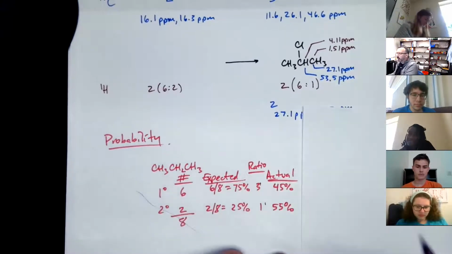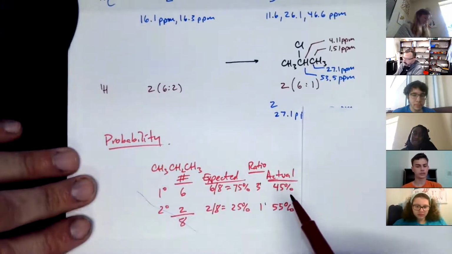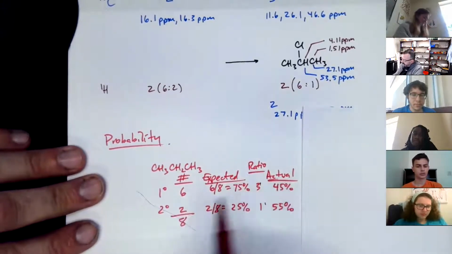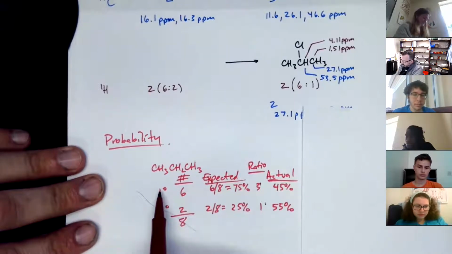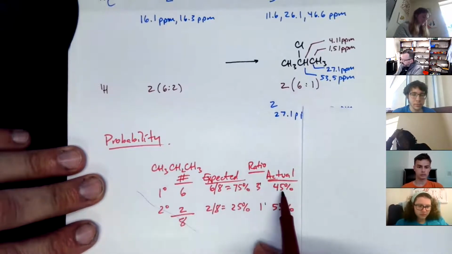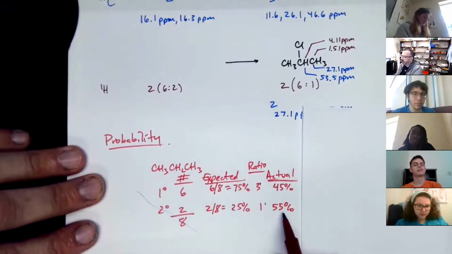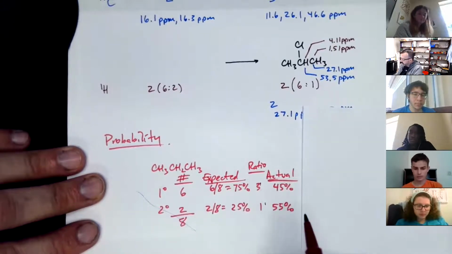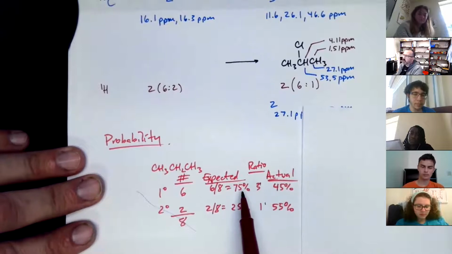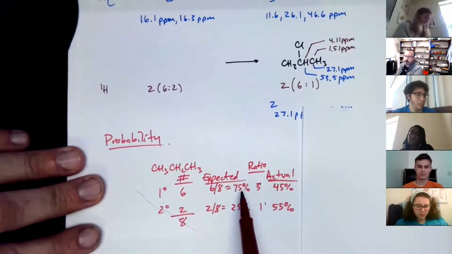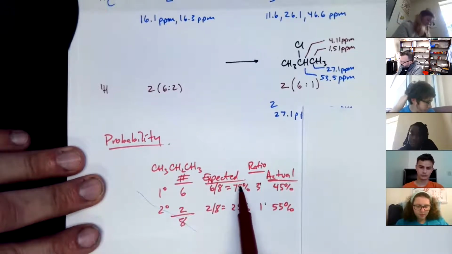So if you actually run this reaction, the product distribution is the following. The primary hydrogens are substituted 45% of the time. The secondary hydrogens are substituted 55% of the time. Now notice, this is what we want to learn and to explain. This is what you expect.